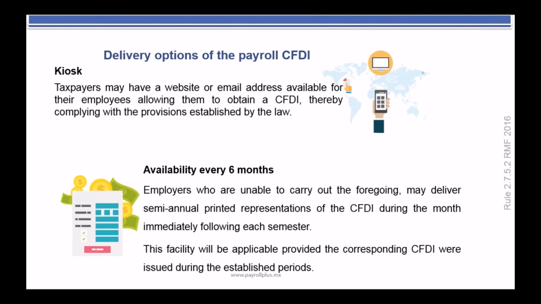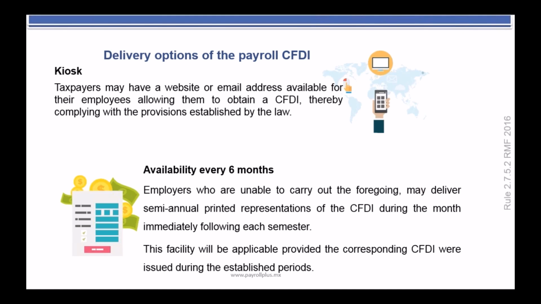However, if you still cannot comply with this, you may deliver semi-annual printed representations of the CFDI during the month immediately after each semester. This means, okay, you comply with issuing your CFDI every time you make a payment to your employees.